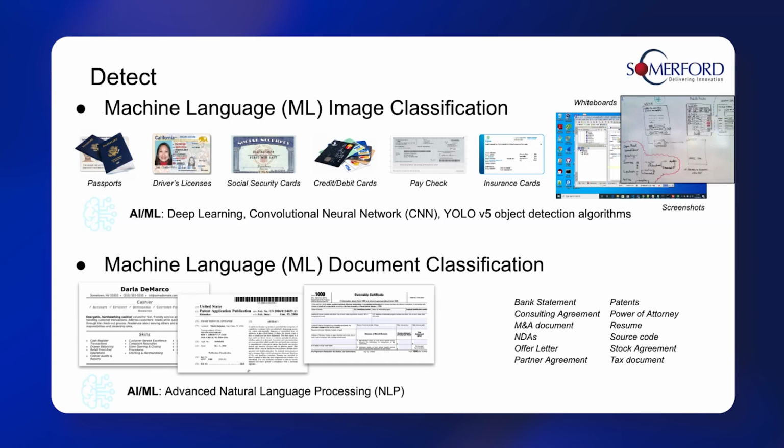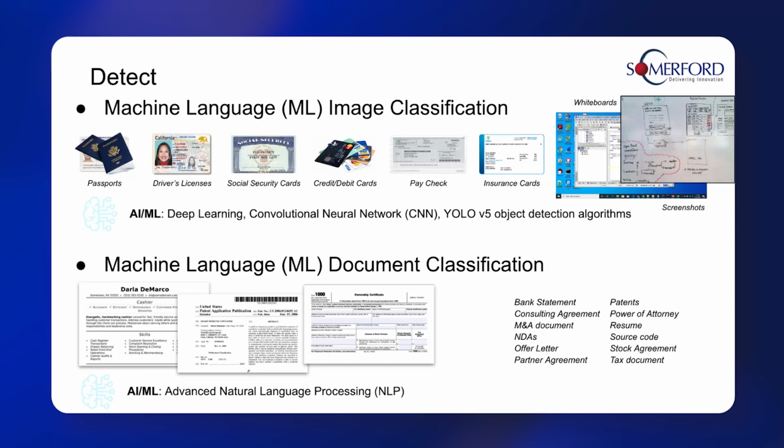Same thing for financial documents, CVs, structured documents that follow a pattern, even though they can all be slightly different, or even down to pictures and screenshots taken. So a picture of a whiteboard with sensitive information on it. It can look at the structure and analyze the data within that.